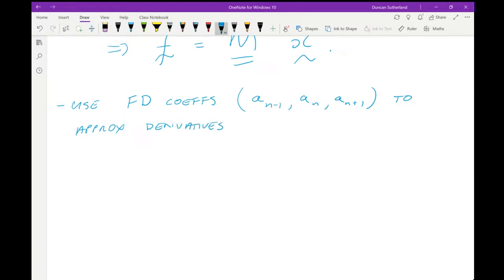Now, once we've done that, we form a matrix problem.